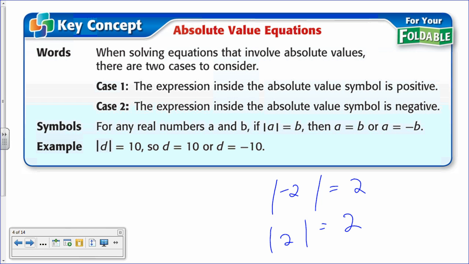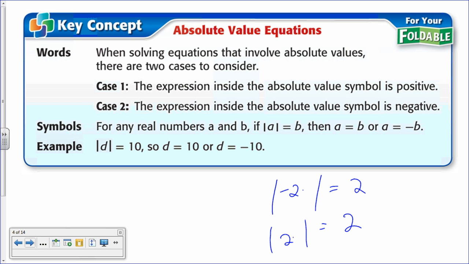So how many answers could I have? I could have either negative 2 or positive 2. Because it's always going to come out to be positive.